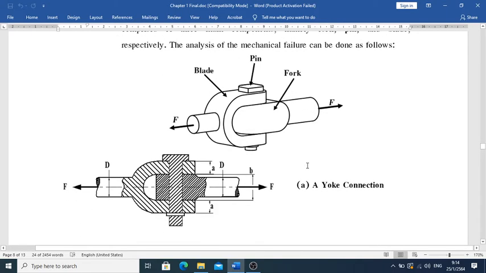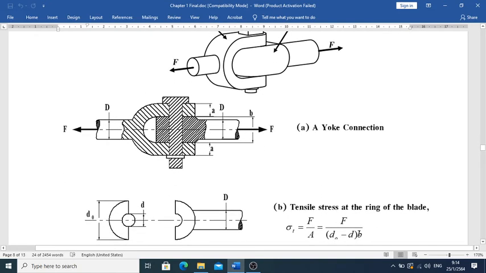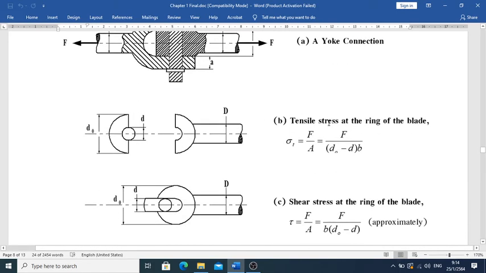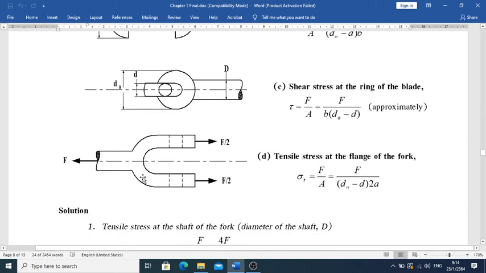So therefore this is the dimension there. We have 3 components there, and this is what we mentioned about. The tension stress in the ring and the blade, and the shear stress look like that, and then the tensile stress at the fork looks like that.